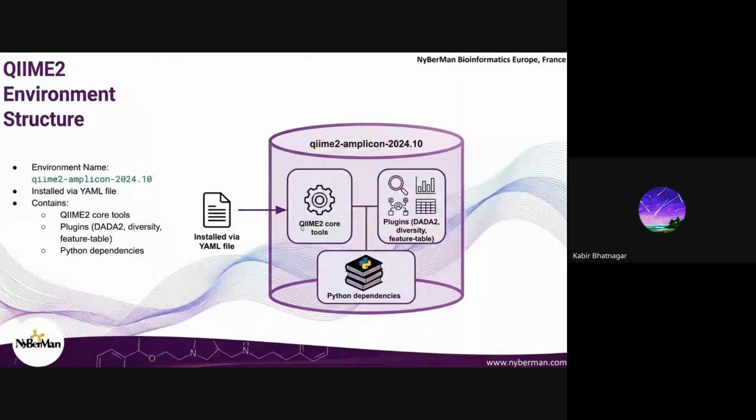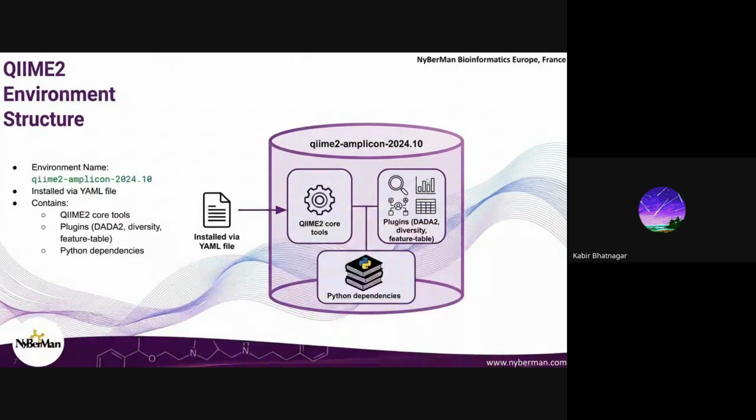This is just a pictorial depiction of what I just told you: the QIIME2 core tools, the plugins, and then the Python dependencies. It's like entering the correct laboratory and performing an experiment. Before performing an experiment, you need to have everything set.